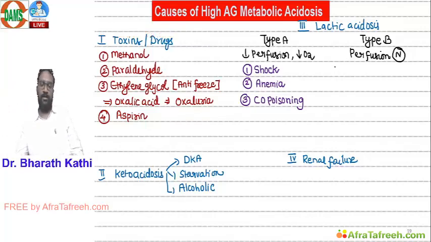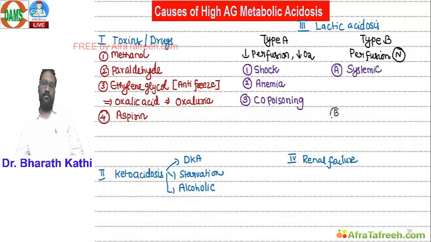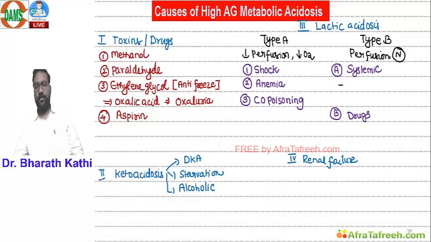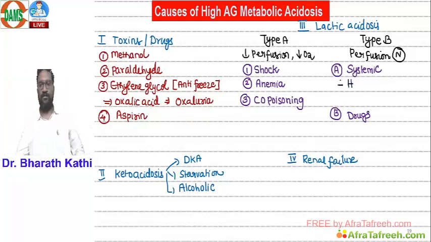Coming to type B lactic acidosis, it is further classified into systemic cause. Next will be drugs. What are the systems handling lactic acid in your body? One is your liver. Liver breaks down lactic acid. Whenever there is liver failure, lactic acid is not broken down, it remains in your body. Kidney excretes lactic acid.